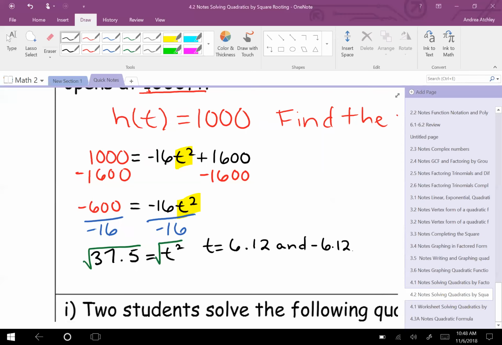No. So in this case, we really don't need that negative because it doesn't apply to what we're talking about. We're talking about time, and time's not going to be negative. So this is 6.12 seconds to fall 1,000 feet.